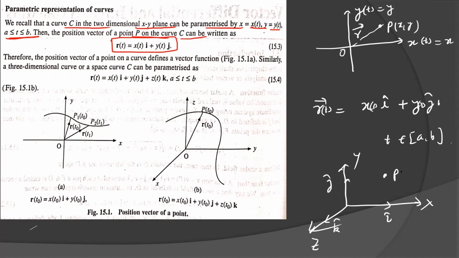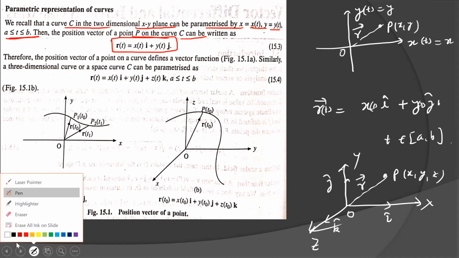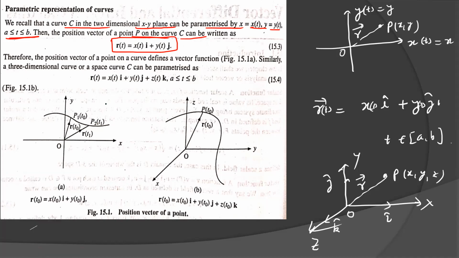If you have a position at any point x, y, z, and this is your origin, then the position vector r can be given in the form r(t) equal to x i plus y j plus z k, and x, y, z and r are functions of t. So this is called the parametric representation of any curve.